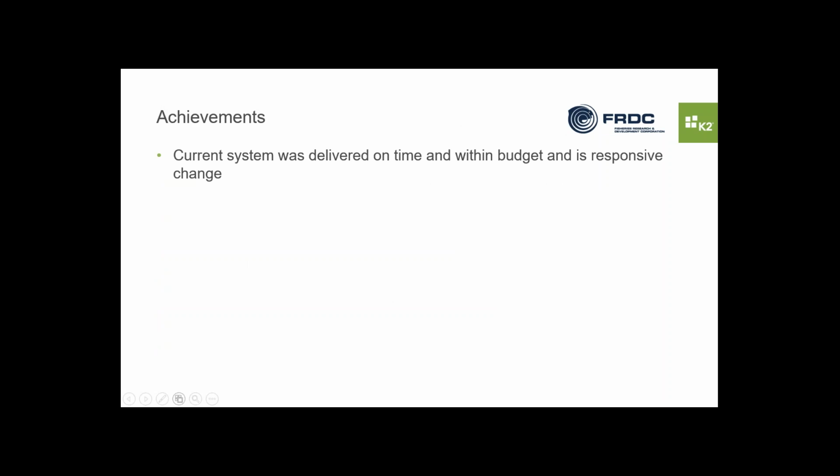we achieved all of that. Our system was delivered on time and well within budget and responsive to change. And if I can talk about responsive to change, when we went live with K2 for Fishnet, if we were required to fix something and fine-tune, we could actually do that within minutes. Something didn't work. Jojo, one of the IT team, would just go in and tweak it up, and it was up and running.